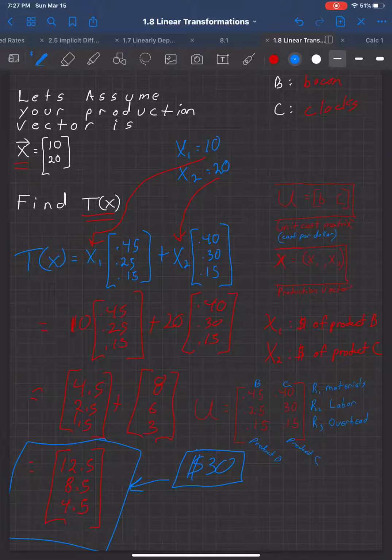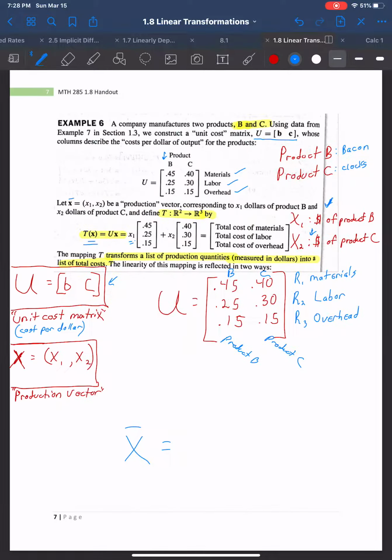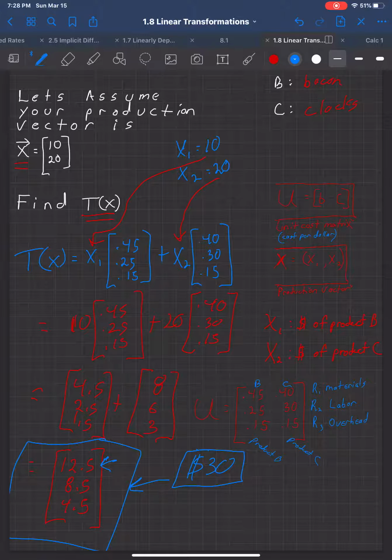Overall, out of that 30, you're going to end up spending $12.50 on, let's see, was that materials? Yep, that's your total cost of materials. $8.50 is going to be your total cost of labor, and $4.50 is going to be the total cost of your overhead.